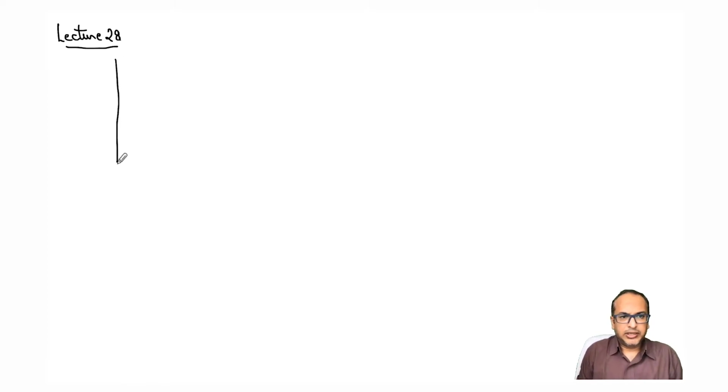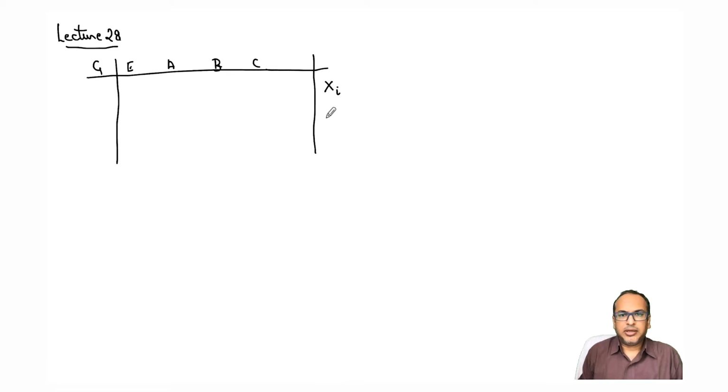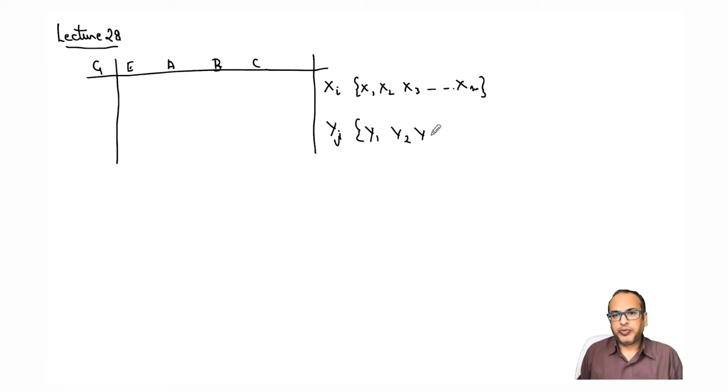So we saw that if we have a point group with these symmetry operations, and if I have x_i as the linear combination which consists of various functions x1, x2, x3, and let's say x_m, and another basis is y_j where j varies from 1 to n: y1, y2, y3 up to y_n.